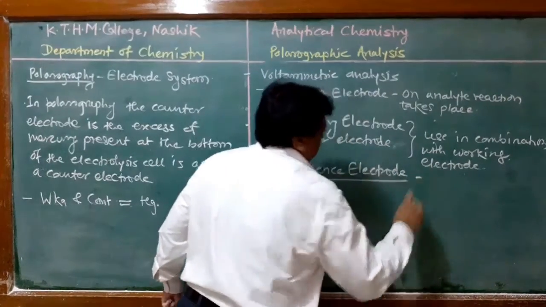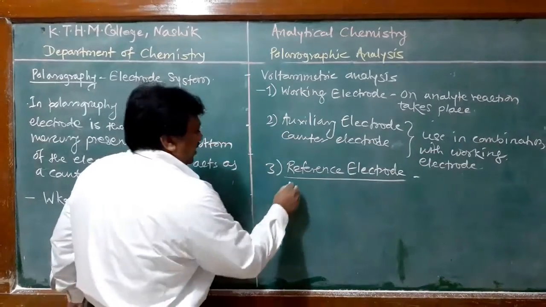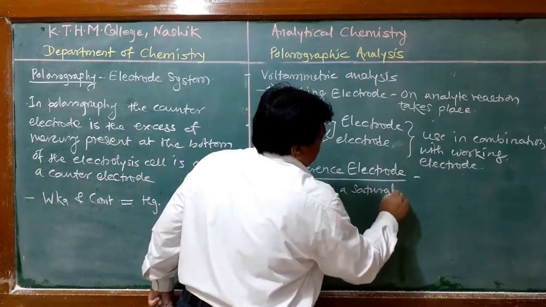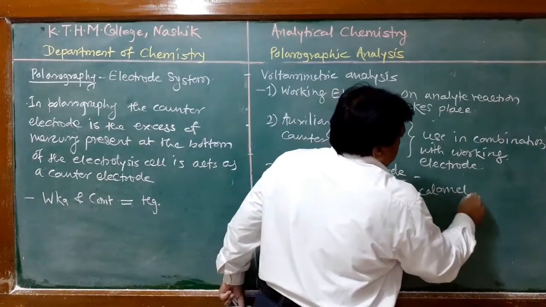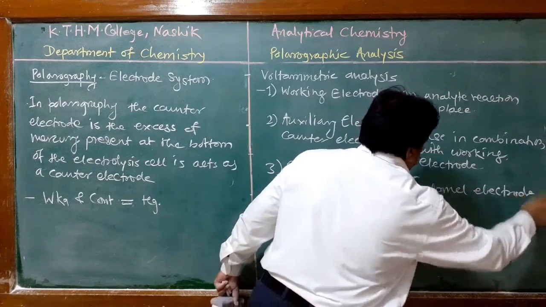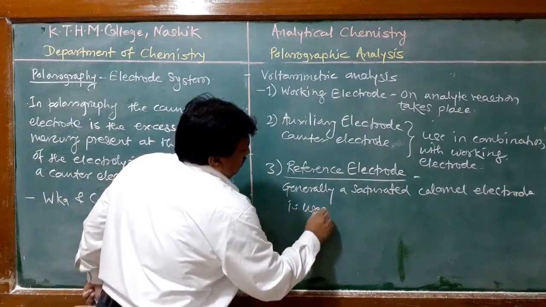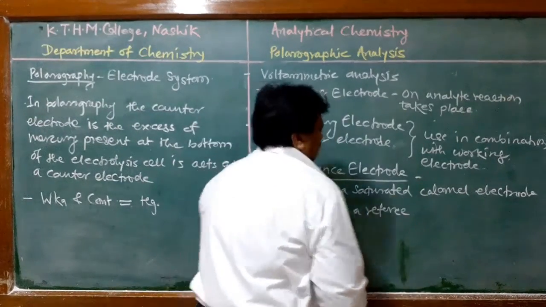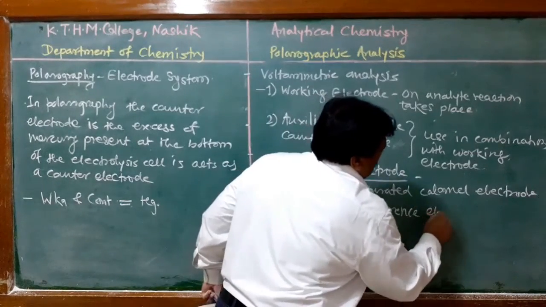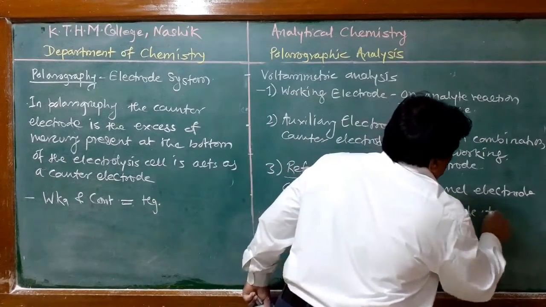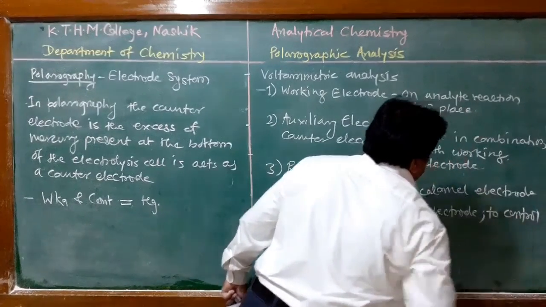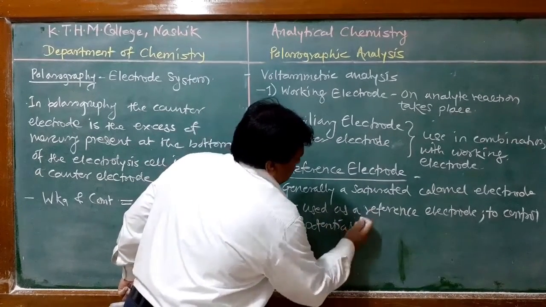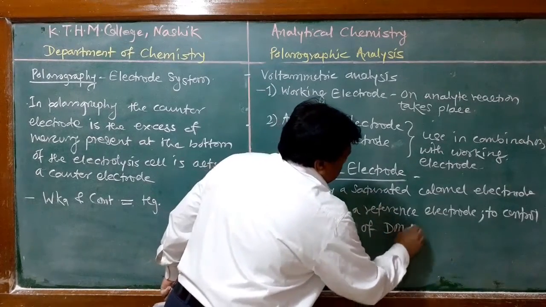In polarography, generally a saturated calomel electrode is used as a reference electrode to control the potential of the dropping mercury electrode.